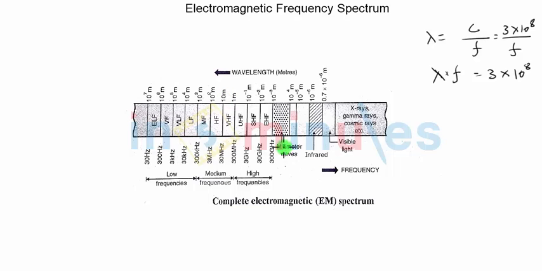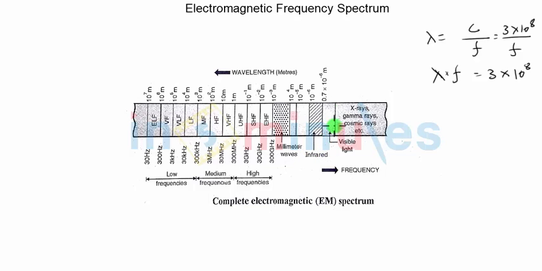Now we have a few more groups. After EHF, we have something called millimeter waves. Millimeter waves is a special band of frequencies. Millimeter stands for the values of wavelength these frequencies will have. You can see here the wavelength starts from 10^-3 meter, which is 1 millimeter. So this band from 10^-3 up to 10^-4 meters is called millimeter waves.